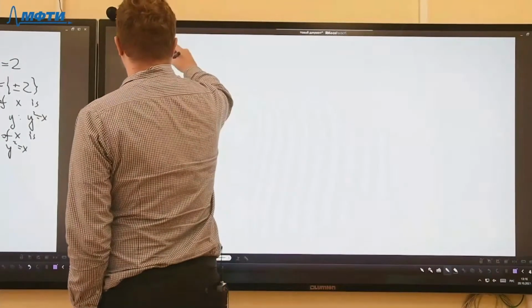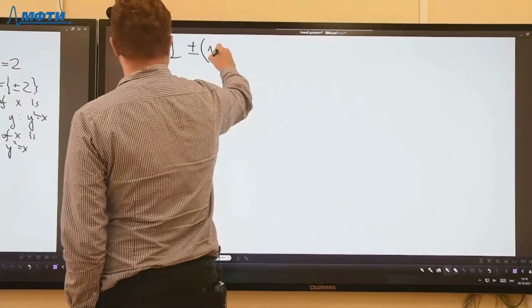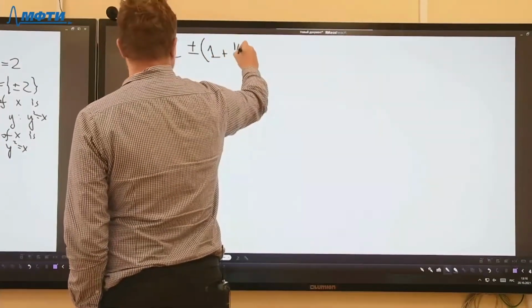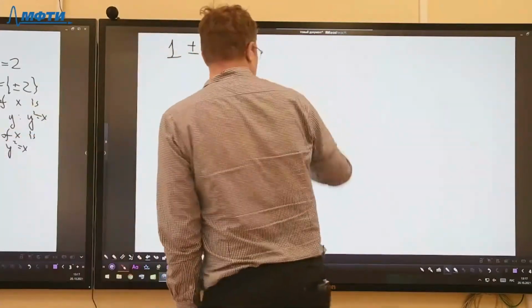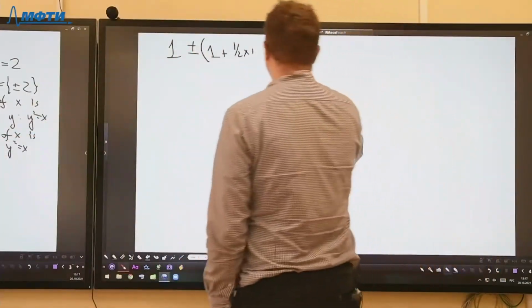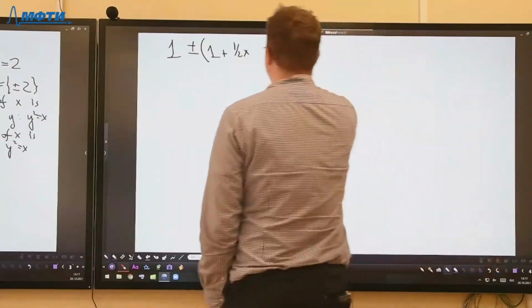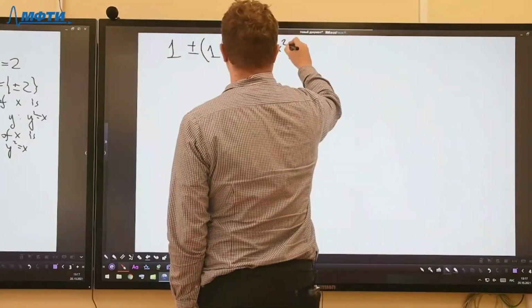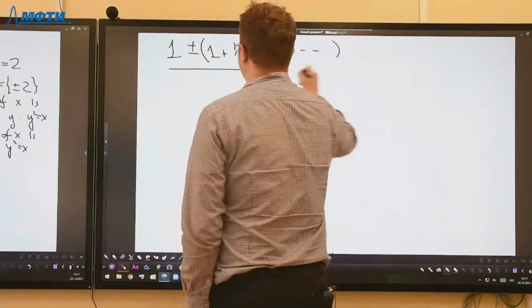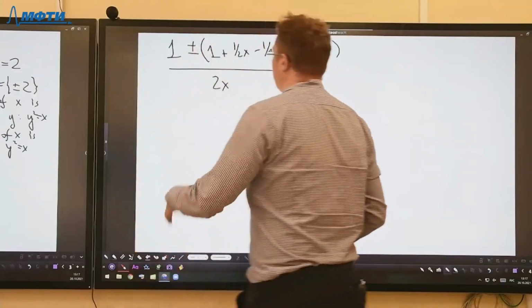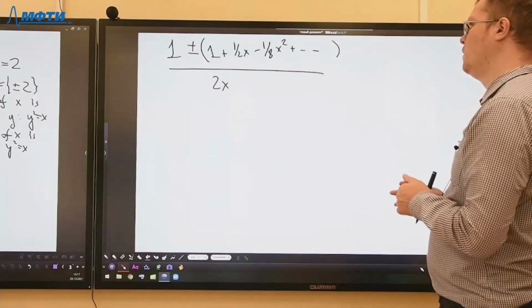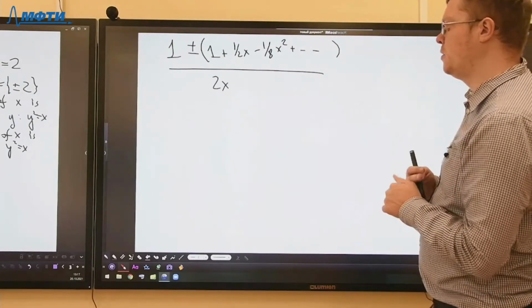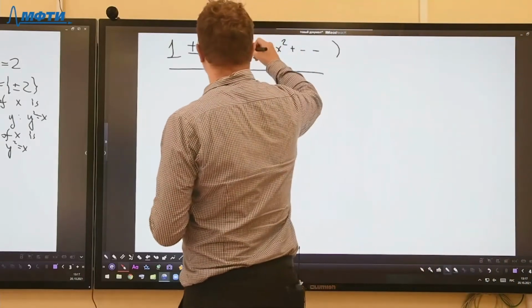So we will have minus 1 over 8, minus 1 over 8 x squared, etc., divided by 2x.